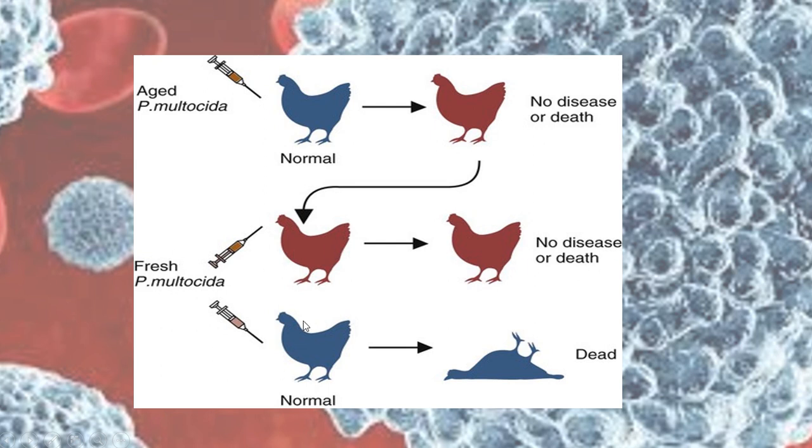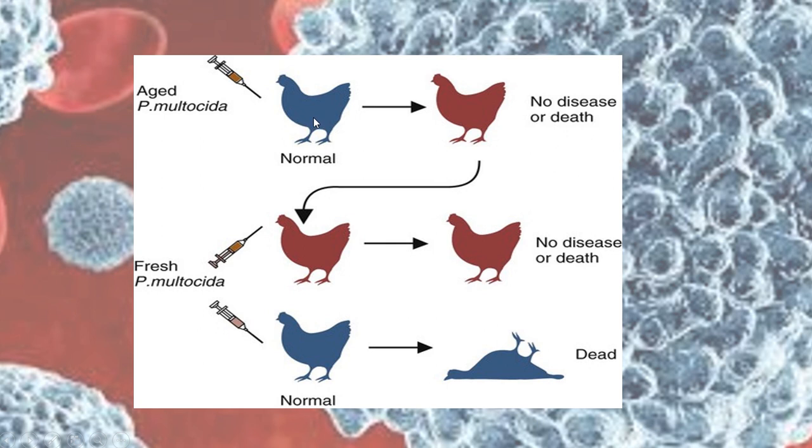Now, if you get another hen which was not immunized, which wasn't injected with the aged Maltosida, but was directly injected with the fresh Maltosida, as you can see, this hen is going to die. The difference between this hen and this hen is that they were both injected with the same fresh Maltosida, but this hen was immunized against it because a few days earlier it was injected with the toxoid of this Maltosida.